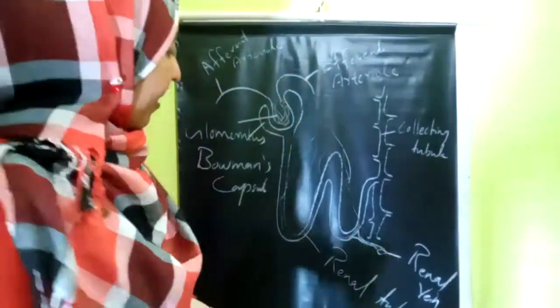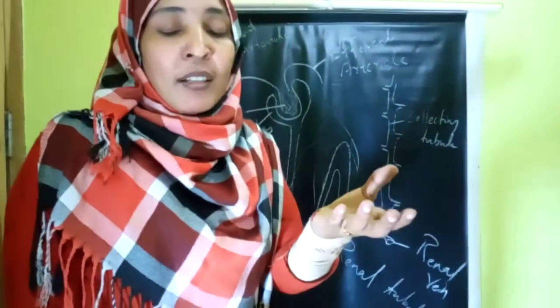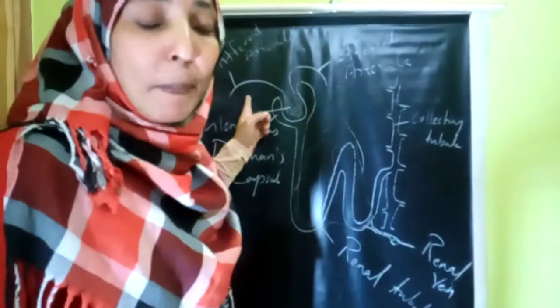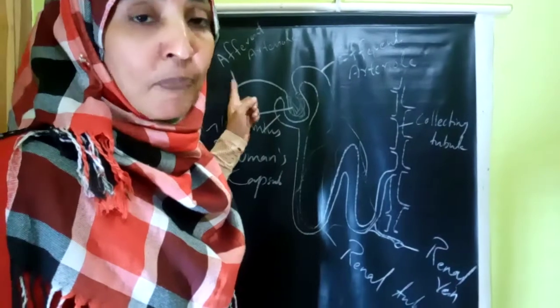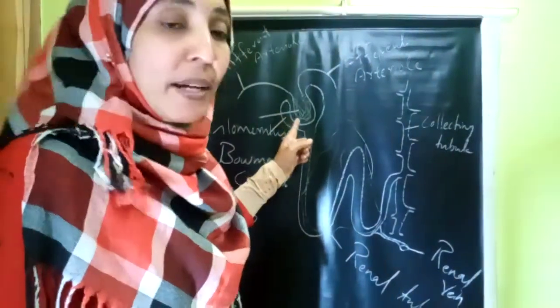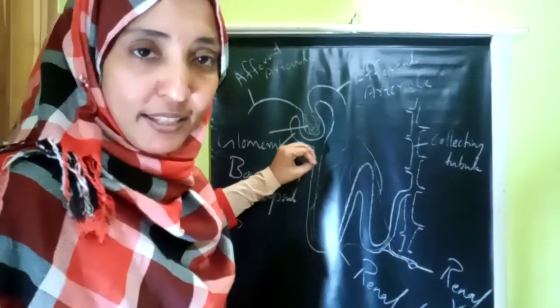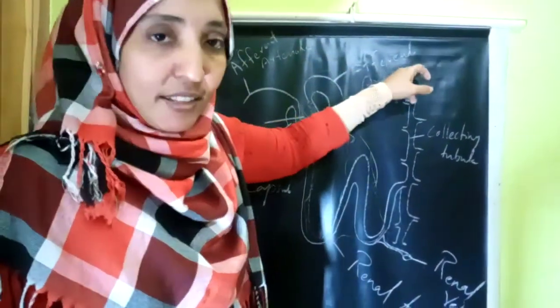So listen, it is not so complicated. Just remember how the blood vessels are repeatedly dividing. First of all, the branch of the renal artery that supplies blood to the Bowman's capsule is known as the afferent arteriole. Inside the Bowman's capsule, the afferent arteriole divides and forms the glomerulus. The glomerulus again rejoins and forms the efferent arteriole.